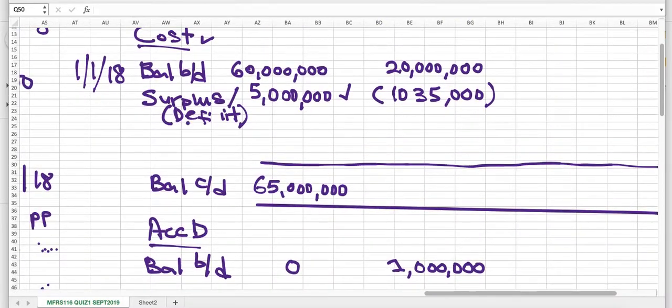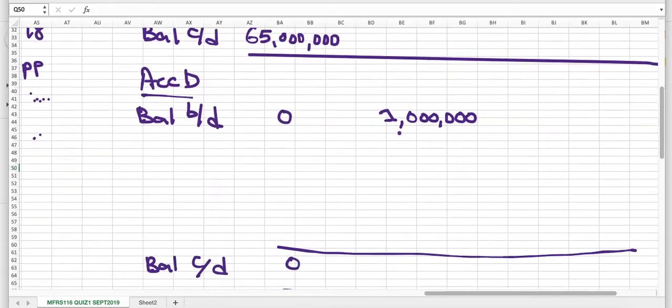So here we put it as eliminate accumulated depreciation, 2 million, and under here is 2 million as well. Is this wrong? Is this 20? Oh, 2 million.